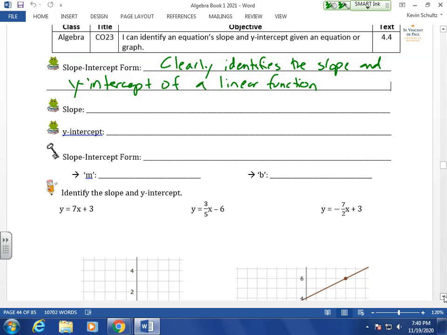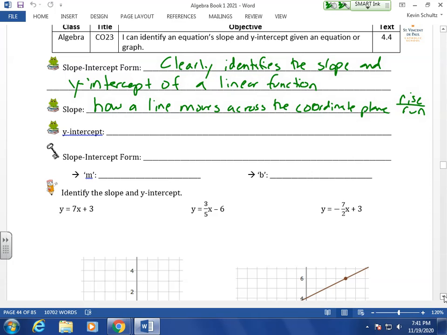Okay, of course, slope is how a line moves across the coordinate plane. Rise over run. Let's have some fun. Okay. We talked about that in PO22.